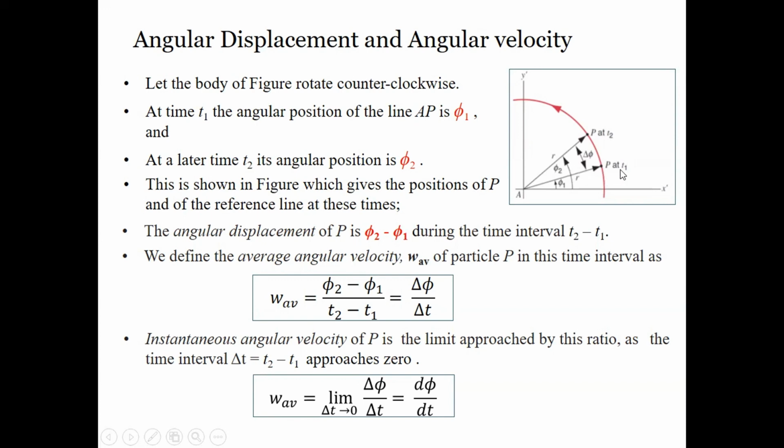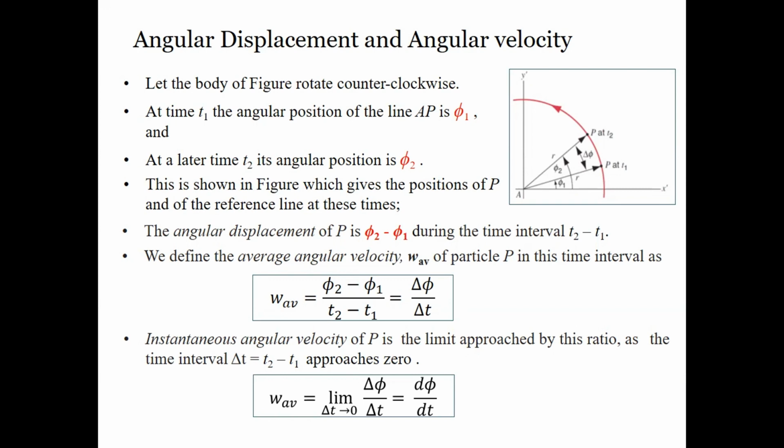So the figure shows that the position of the point P is changing with time, and with respect to the reference line, its angle is also getting displaced. So the total angular displacement from time t1 to time t2 is given by phi 2 minus phi 1, and the time interval is t2 minus t1.